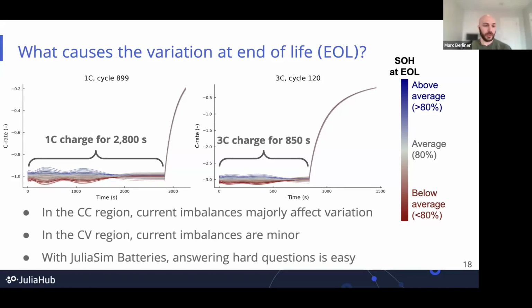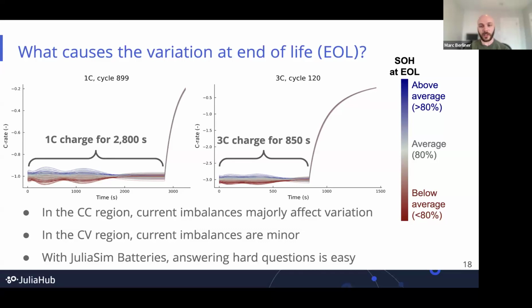We can compare very quickly the plots that we get for the C rates at various cycles. And answering a question like this, which is a pretty challenging question to take on and has a big impact on the way that you use and design these packs, is really pretty easy with JuliaSim Batteries.